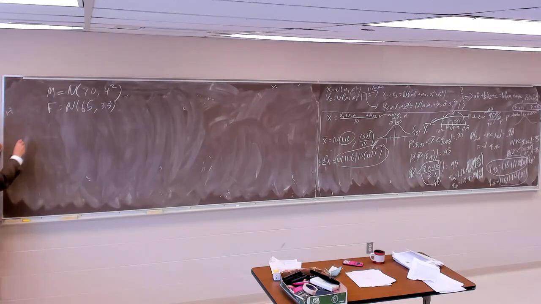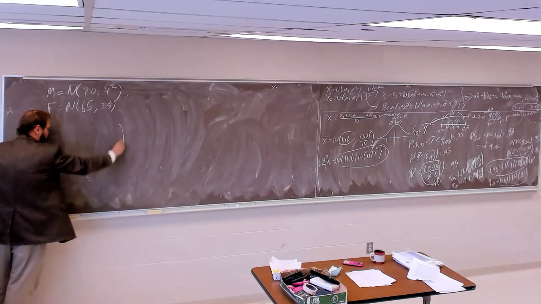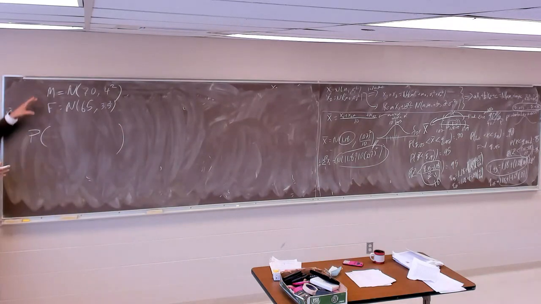Which means that we're setting up some sort of probability question that's going to compare the heights of males with the heights of females. In particular, we want the heights of males to be at least 12 inches more than the heights of the female chosen. How would we write that in terms of a probability question with our random variables?